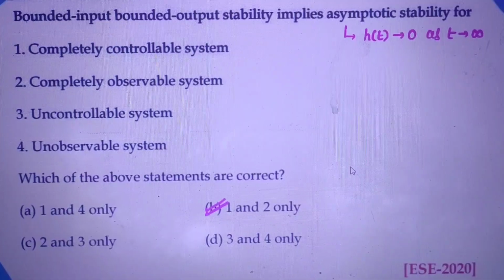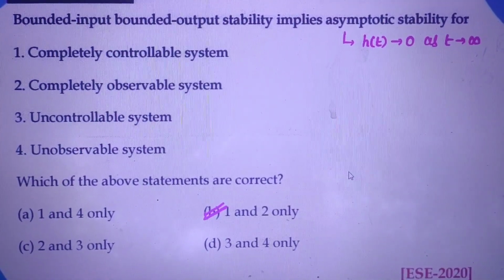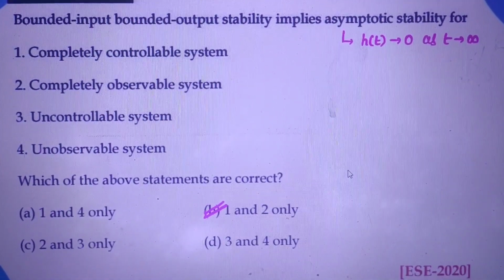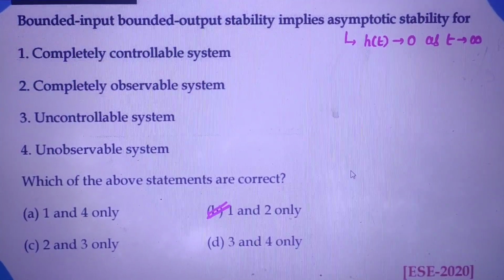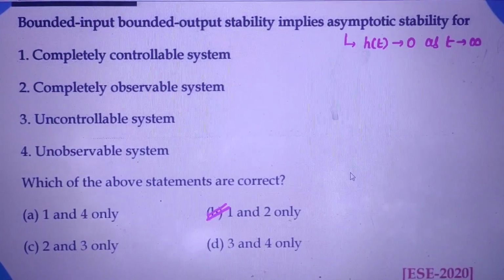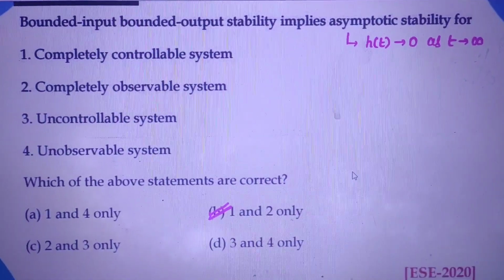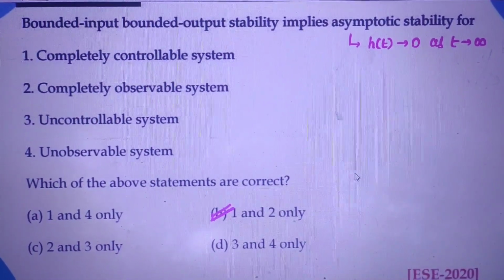Bounded input, bounded output stability implies asymptotic stability for: 1, completely controllable system; 2, completely observable system; 3, uncontrollable system; 4, unobservable system. Which of the above statements are correct?